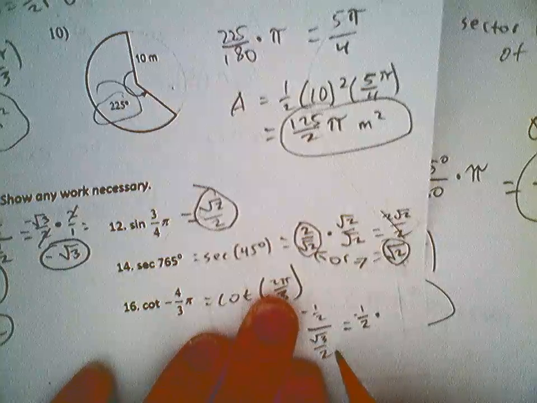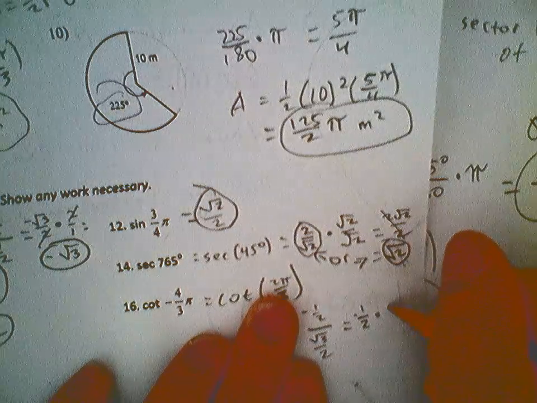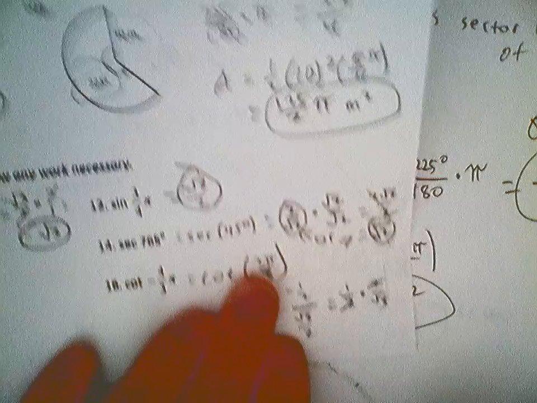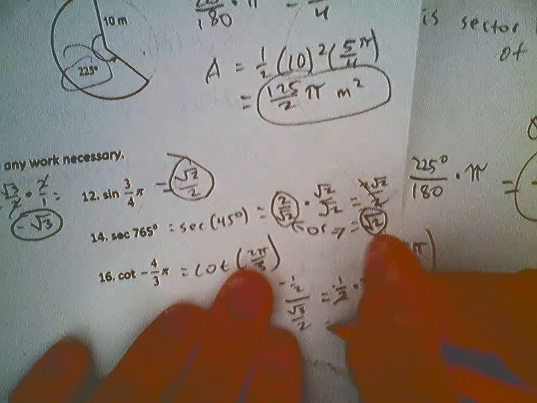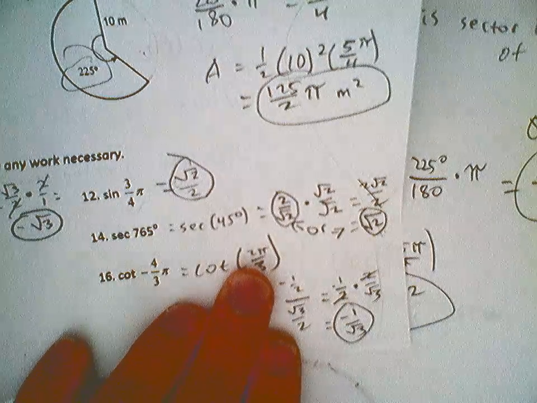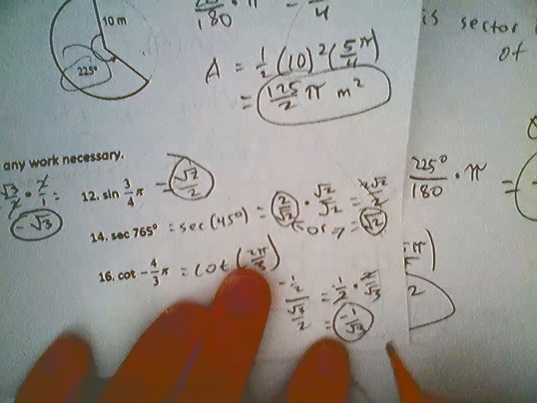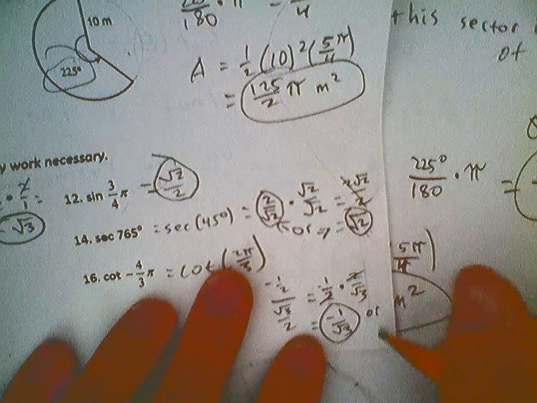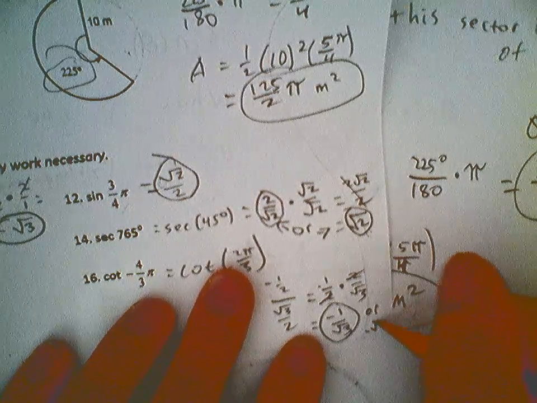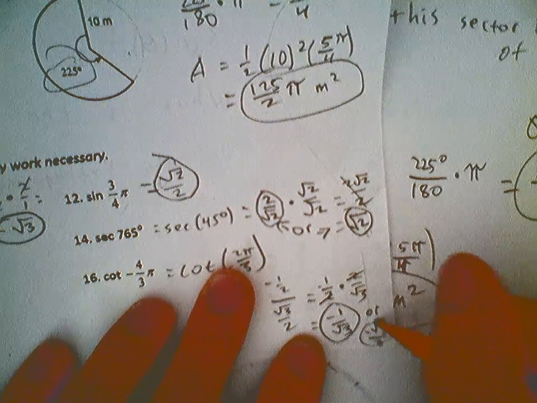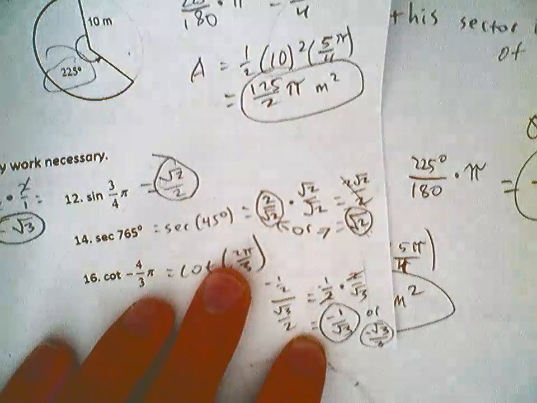Fraction on the bottom, so I'm going to flip it and multiply by what's on top. Stuff cancels, and we're left with negative 1 over square root of 3. If you rationalize the denominator, you'll get negative square root of 3 over 3. So either or.